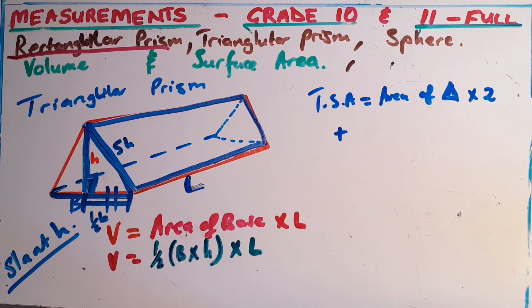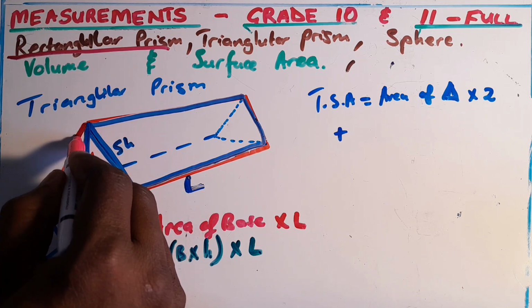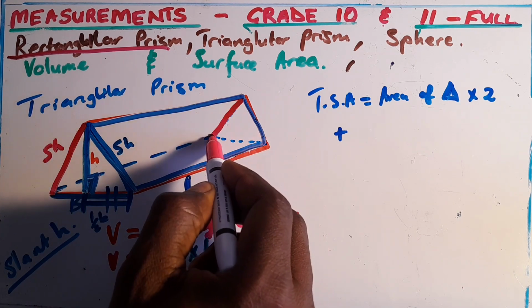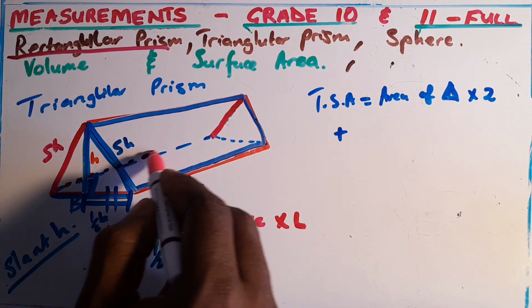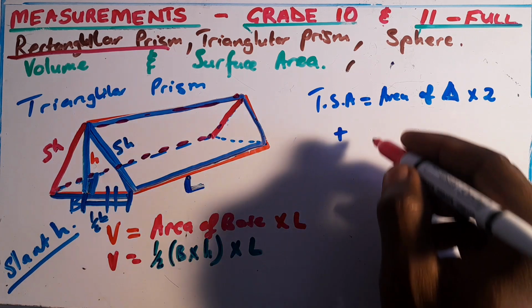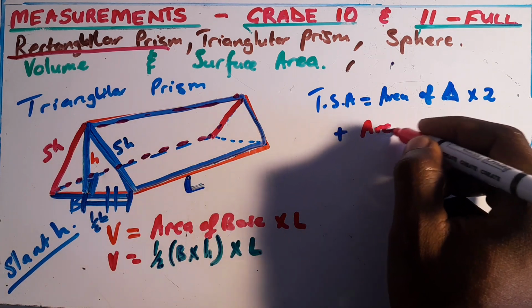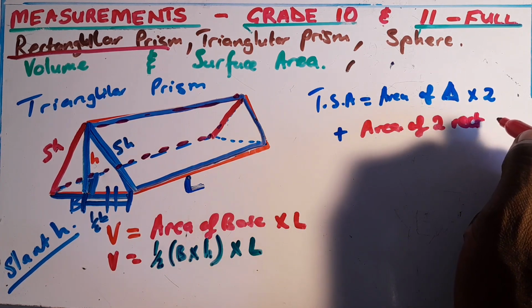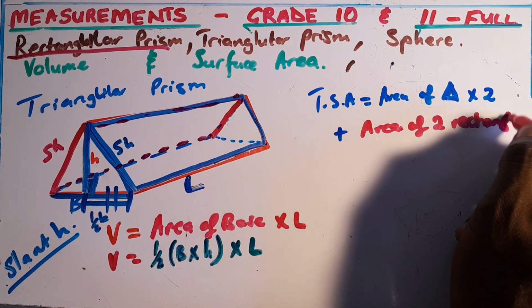So if you can check here, we are having this face facing this side, it is having the length and the slant height. And the other one, that side, it will also have the same measurements, the slant height, and the length, this distance, like this. So this is the area of two rectangles that are equal.